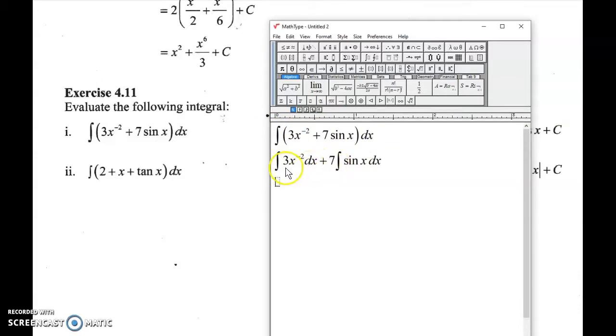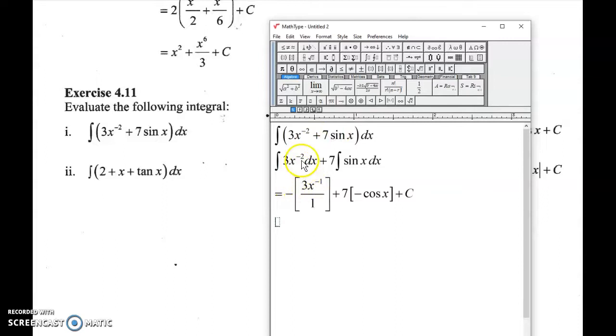Now, for the integration of a power function, instead of subtracting as in the derivative, we add 1 to the power. So 3x to the negative 2 plus 1 will become negative 1, and later we put the value of the power after the addition as a denominator.